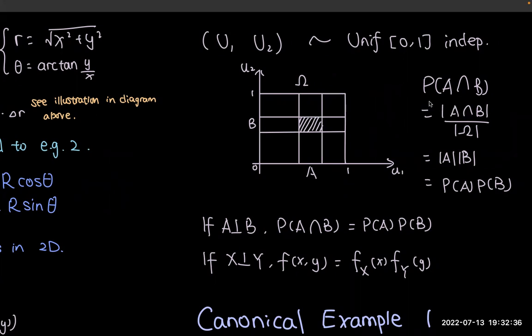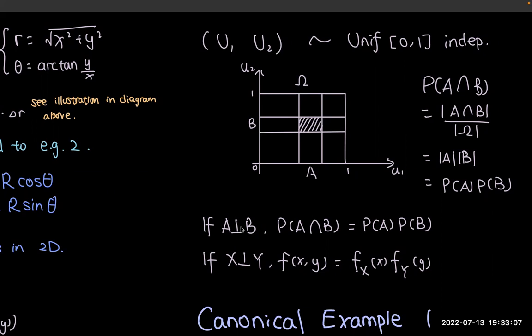It is the area of this rectangle divided by the total area, which is 1. So this is just the area of this rectangle, which is the length of A times the length of B. So here you also get the notion of factorization, based on the mathematical fact that the area of this rectangle equals the length of A times the length of B. So that's why you have the probability of A and B equal to the probability of A times the probability of B.